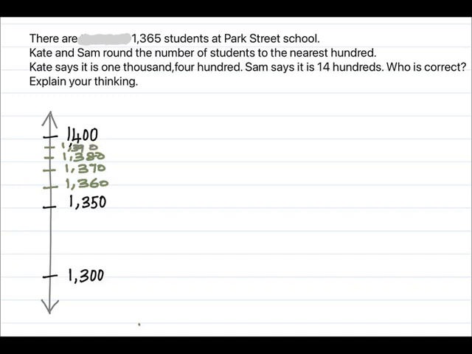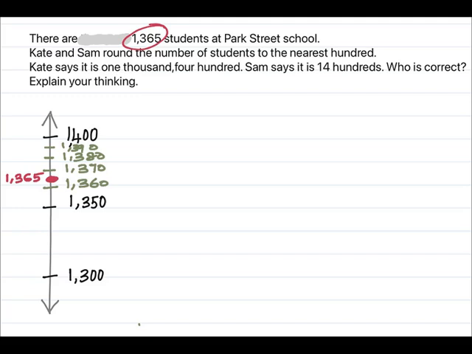The number that we should mark, 1365, will be between 1360 and 1370. So it must be somewhere here. So that point is 1365.